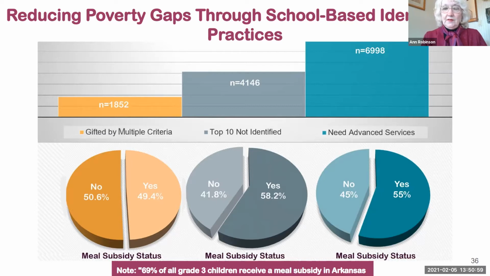I like to think of it this way. If we do just simple addition, rather than 1,852 students receiving services, 6,998 grade 3 students should be receiving advanced academic services of some kind.